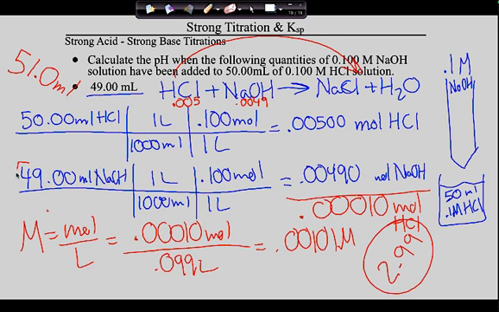This would be 51, which would make this number bigger than this number. So all you'd have to do is subtract in the other direction, and the number of moles you get would not be moles of HCl, it would be moles of NaOH, and then the math works the same from there. You get the idea?